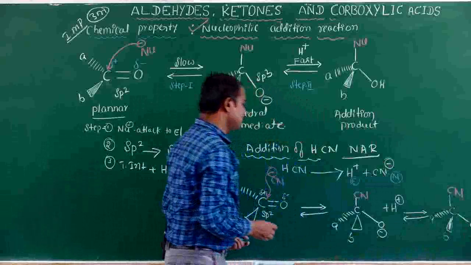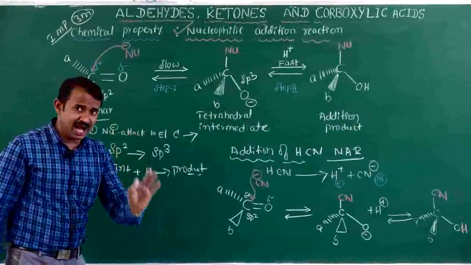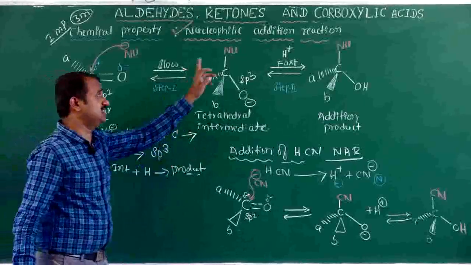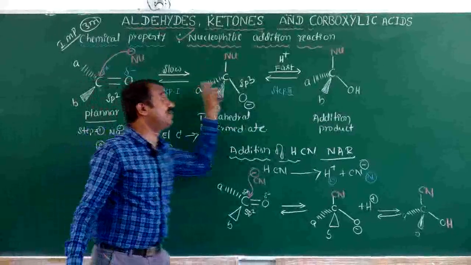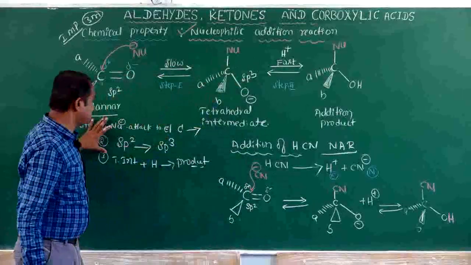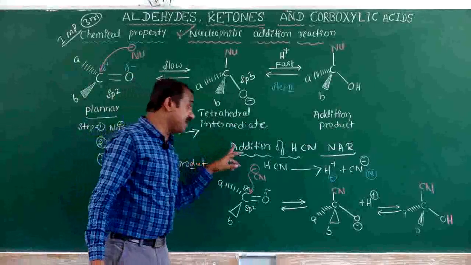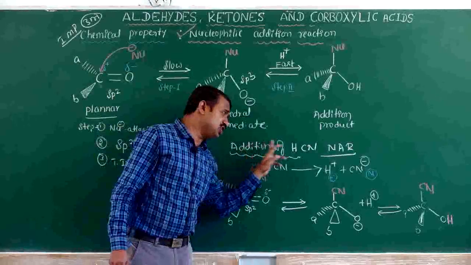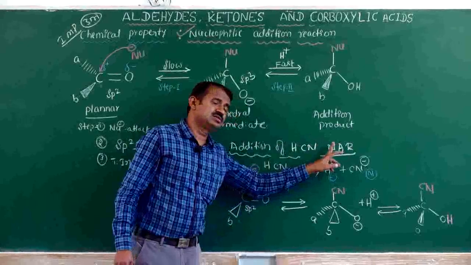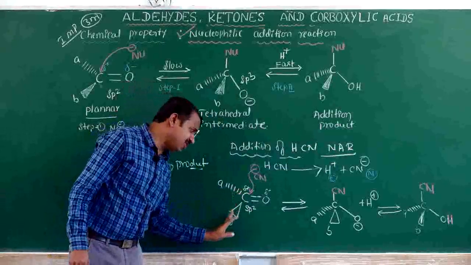They will ask you to write the mechanism of nucleophilic addition reaction, meaning the general mechanism in 3 steps for 3 marks, and they will give examples. Write the mechanism of addition of hydrogen cyanide to aldehydes or ketones.